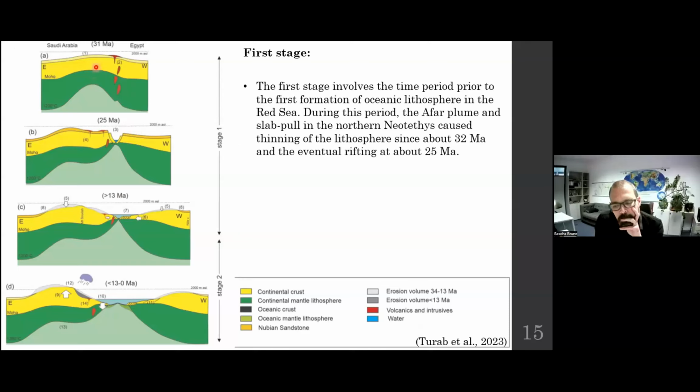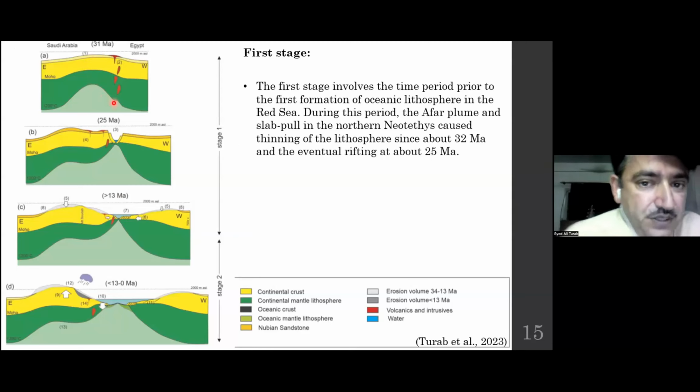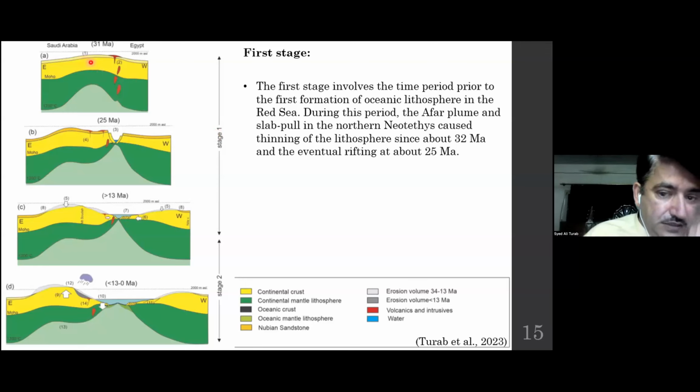Okay, this figure shows the two-stage history. Here you can see the first stage involves the time period prior to the formation of the ocean lithosphere. Here, the updoming occurs in western Saudi Arabia, and west of it we have decompression melting, thermal weakening and volcanism taking place.